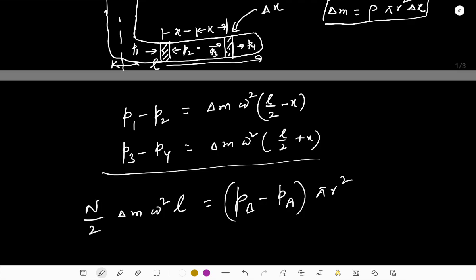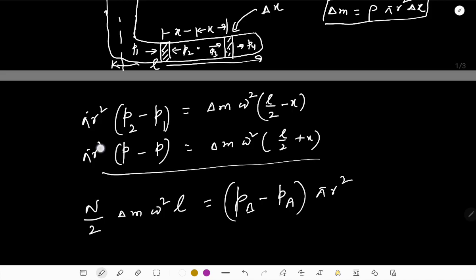I made some mistakes. Instead of P1 minus P2, I should have written here P2 minus P1. My mind was somewhere else, so this will be P2 minus P1, because the centrifugal force is acting outwards, and so this P2 minus P1 will balance it. I also made a mistake in not writing the area here.